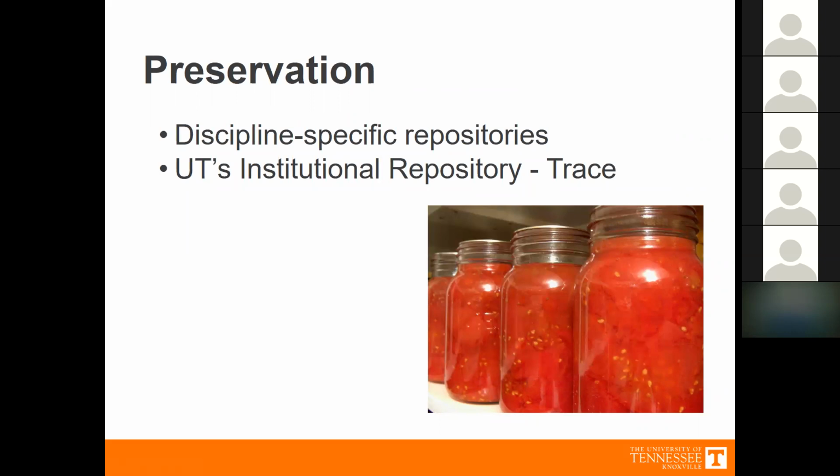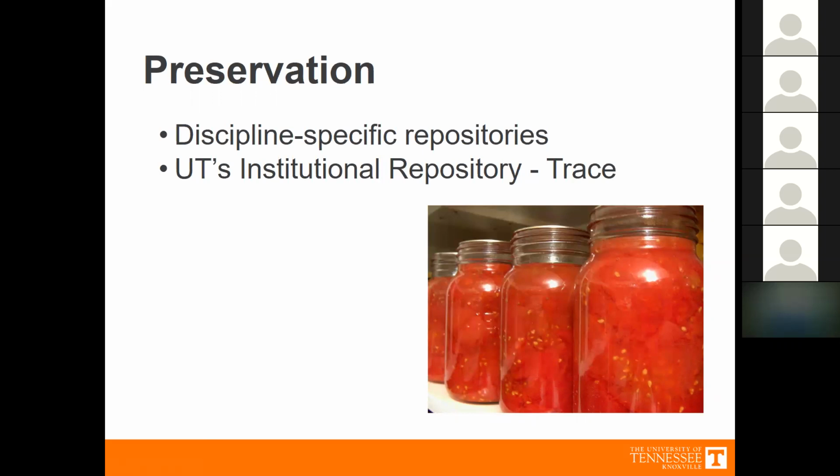So I would recommend you locate a discipline-specific data repository that would hold data similar to the type of data that you plan to share. If you don't know of one or can't find one that is suitable for your data, then UT's own institutional repository called Trace would be a good option for you.